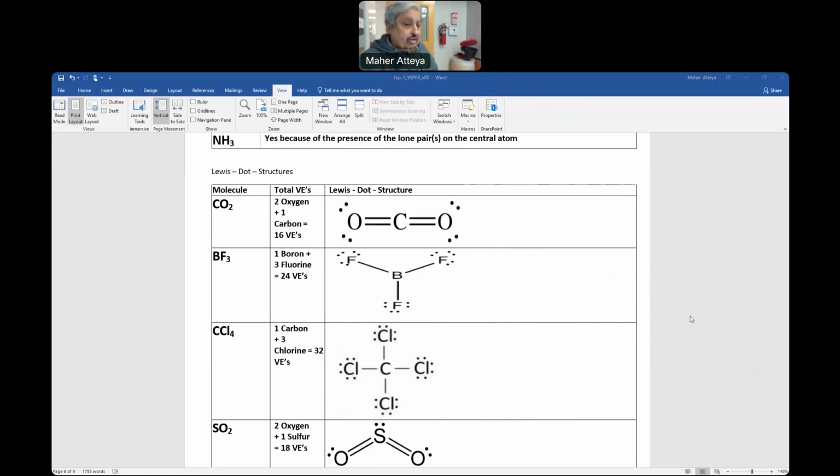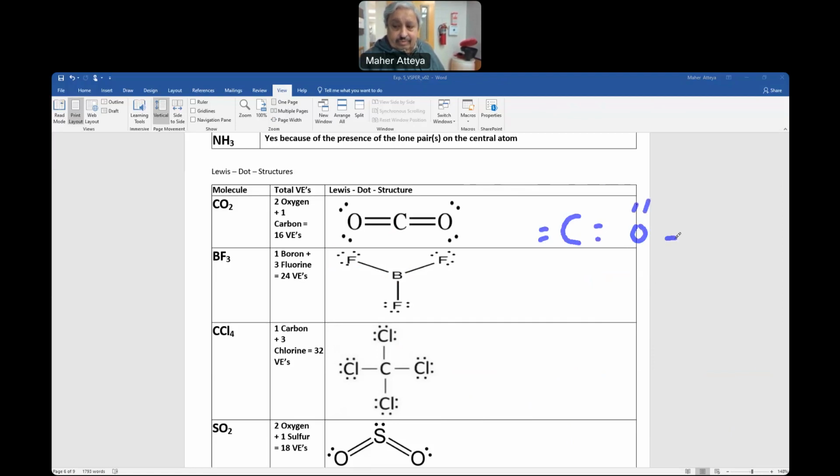We have carbon dioxide, the first one. Carbon dioxide here, guys. It has carbon, which has 4, and oxygen has 6.